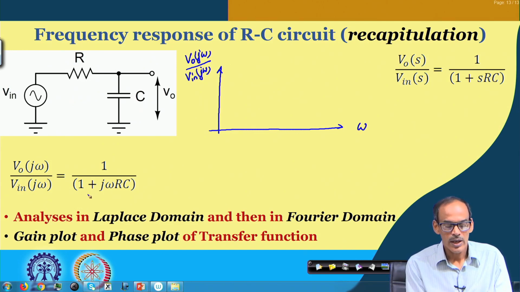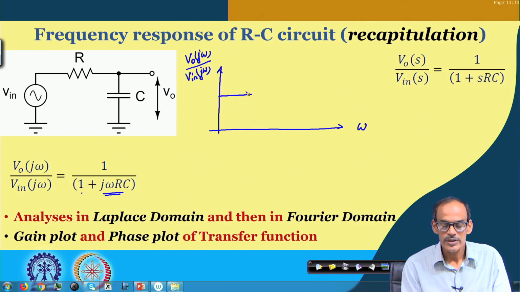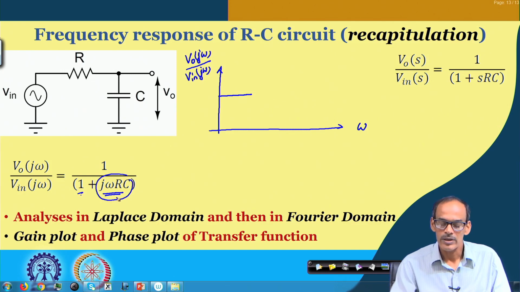At low frequency, if we ignore this part with respect to 1, then the magnitude is 1. But at higher and higher frequency, if this part dominates over the 1, then magnitude-wise we will see 1 by omega nature.